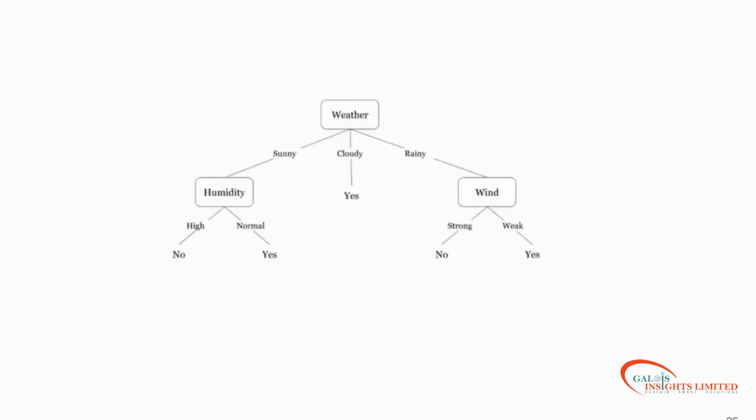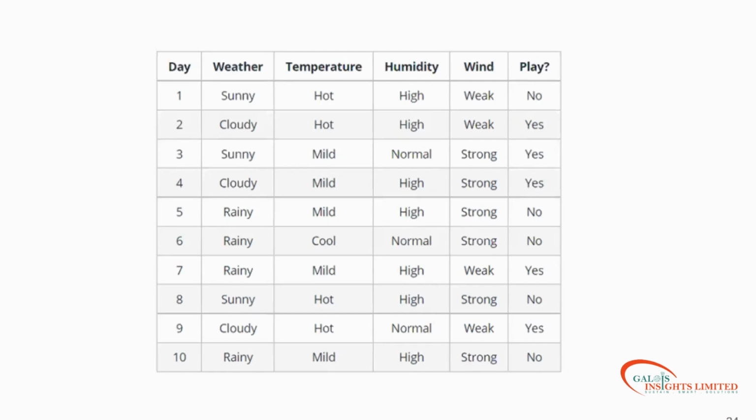This is a data set of weather information based on whether it is sunny, cloudy, or rainy. So we have three labels, or three target variables: sunny, cloudy, and raining. So you ask a question: is it sunny or is it cloudy? Based on how the question is asked, you know how to split your data set.